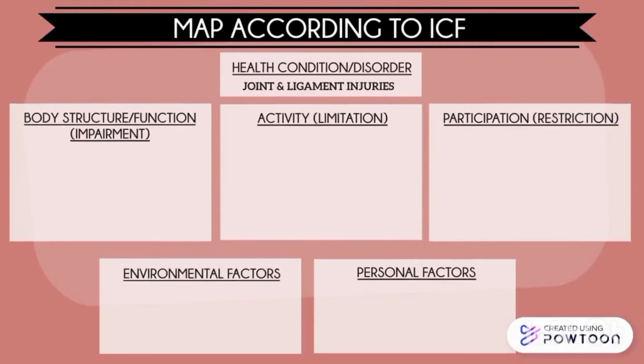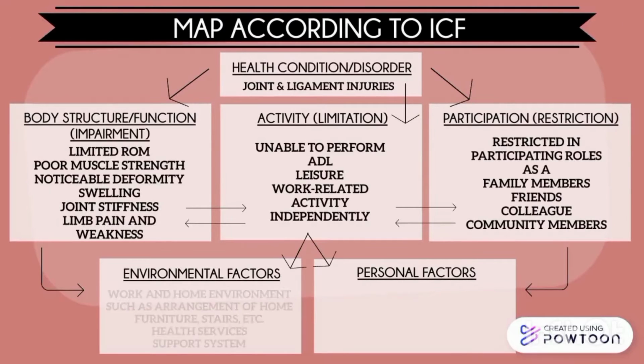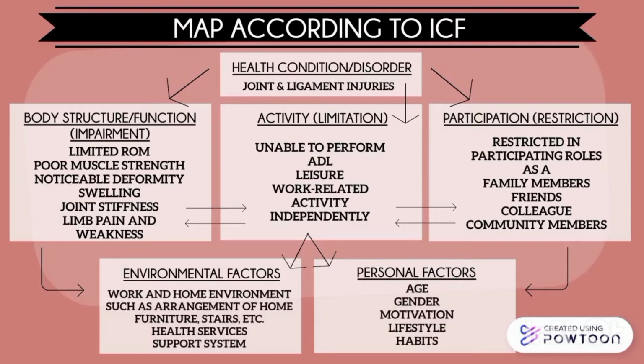According to ICF, joint and ligament injuries can bring impairment to the body structure and function, such as limited range of motion, poor muscle strength, noticeable deformity, swelling, joint stiffness, limb pain, and weakness. This impairment can bring limitation to the activity that makes the patient unable to perform ADL, leisure, and work-related activity independently.